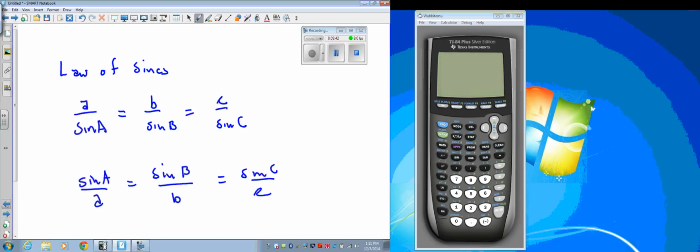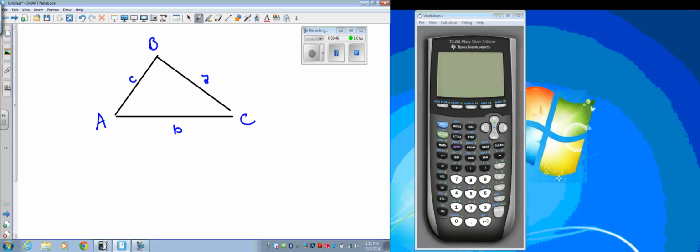Notice that on 306 it says 1/2 of bc sine of A. You've got to have this included angle, right? BC sine of A, or 1/2 of AB sine of C. It's always the included angle, right?